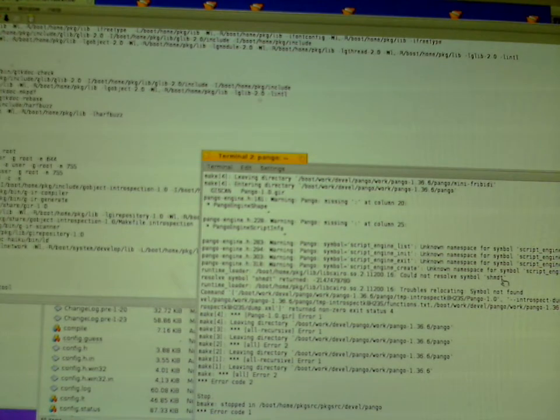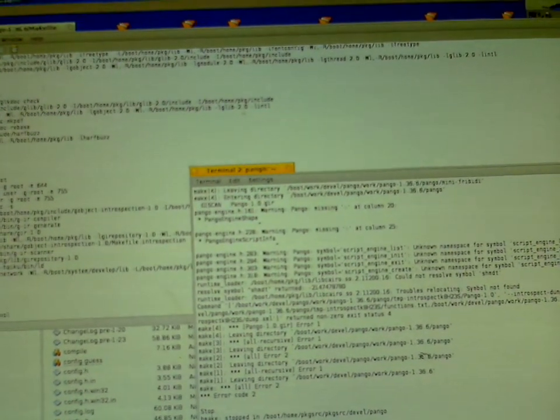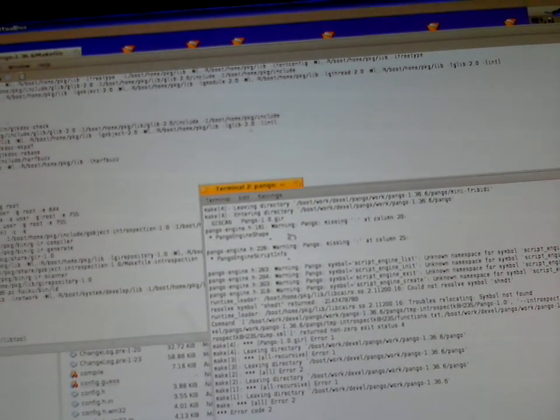Resolve symbol. Not resolve symbol. Oh, Pango, guess I'm gonna have to fire you. Well, you know, then I might get this thing built early, but then something else won't build.